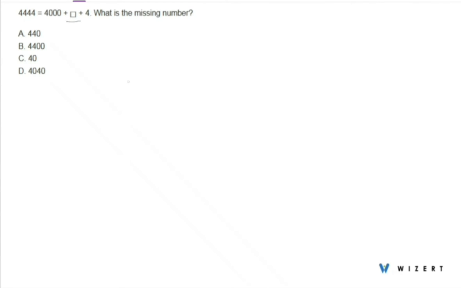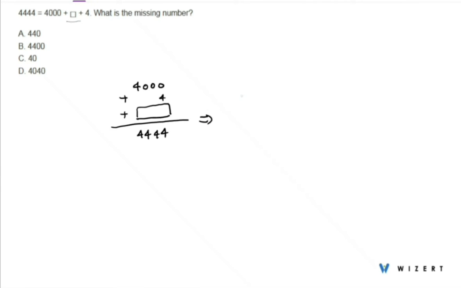So let's see, we are given 4000 plus 4 plus this number we have to find. This is given as equal to 4444. So let's add the given two numbers first.